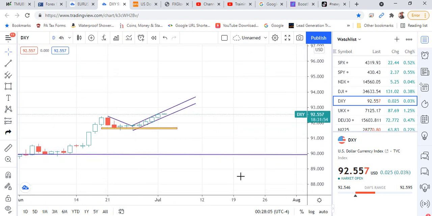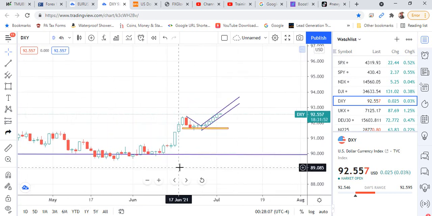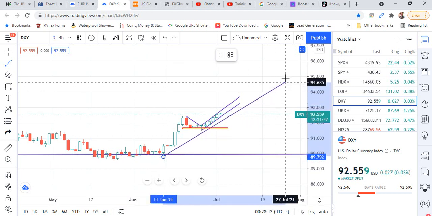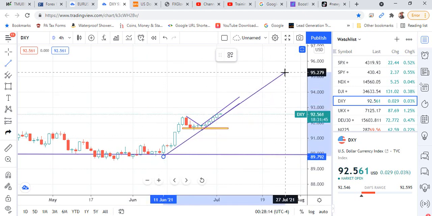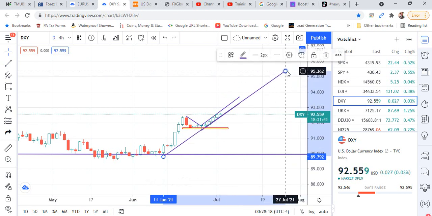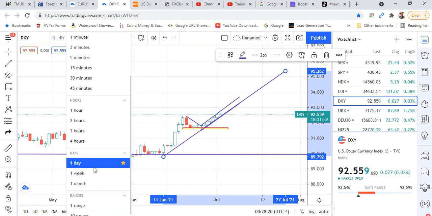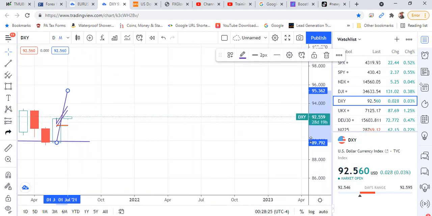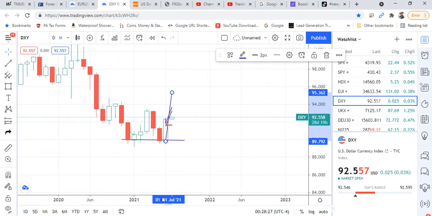Let me see if I can zoom out and see anything else, because you have to look at these things by all angles. Everyone wants to like have magic entries and stuff. Yeah, that connects. So it could do this. And where could it go? We got to zoom out again. Remember, you're going to be doing a lot of zooming in, a lot of zooming out.